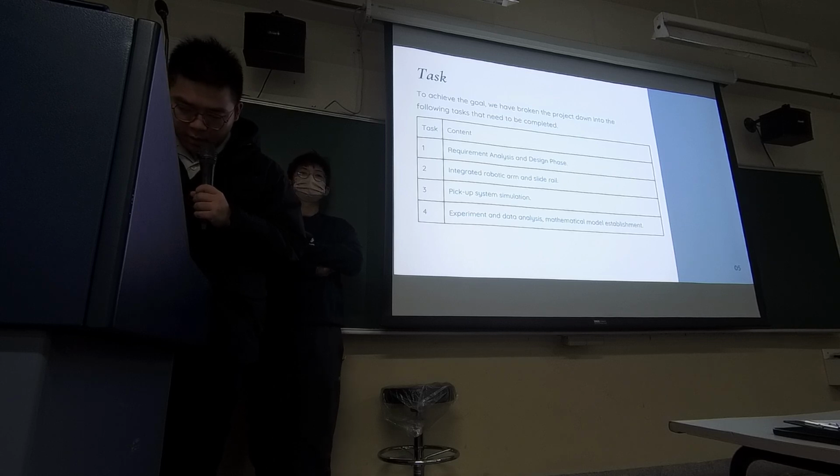We use simulation software to analyze potential scenarios that the system might encounter during actual operation. Finally, based on the simulation results, we establish a mathematical model to optimize system performance.